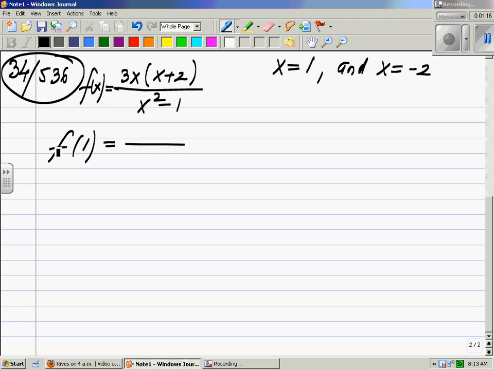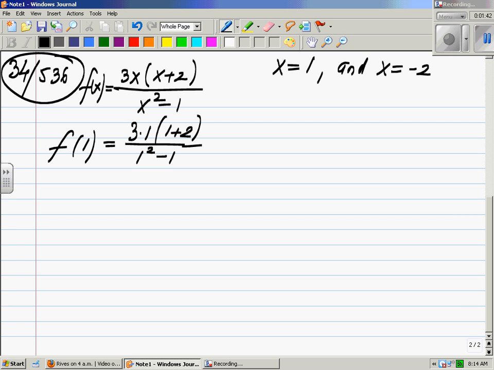What do we have to do here? We have to find the value of the function for x equals 1, which means instead of x, you will substitute 1, right? And this becomes 3 times 1 times 1 plus 2, everything over 1 squared minus 1.